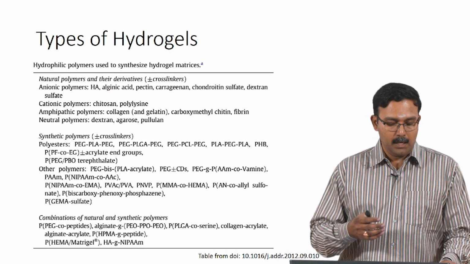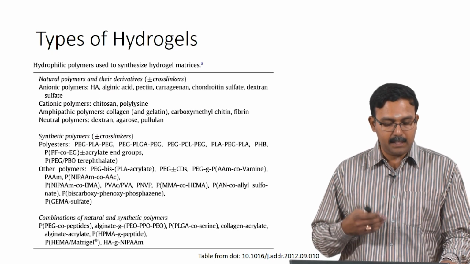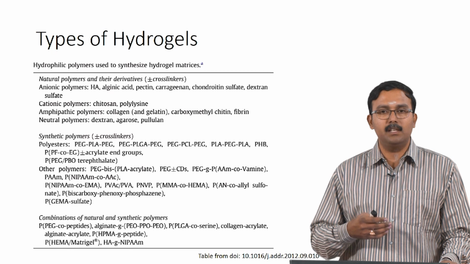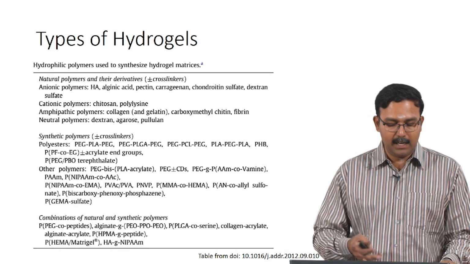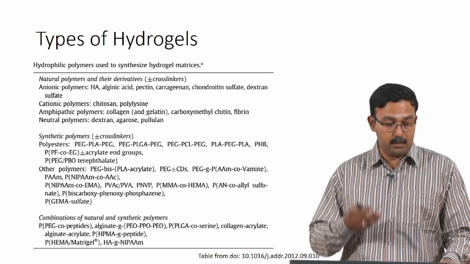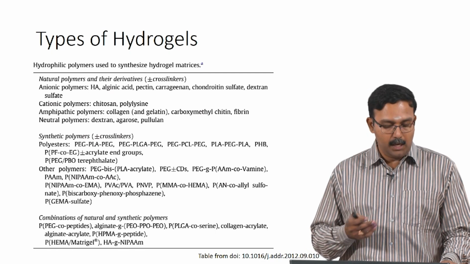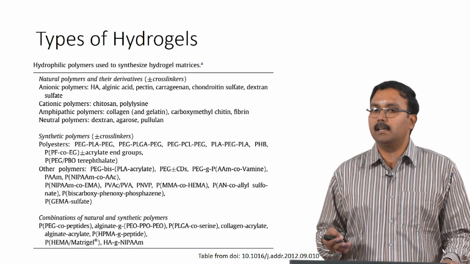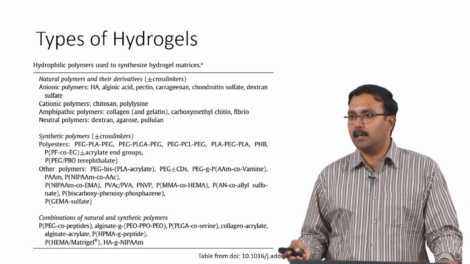Okay. So, amongst these they have classified them as anionic, cationic, amphipathic and neutral polymers depending on the charge. The anionic polymers would be hyaluronic acid and alginic acid or alginate and so on, and you can have cationic polymers like chitosan, which also can be used for preparing hydrogels.